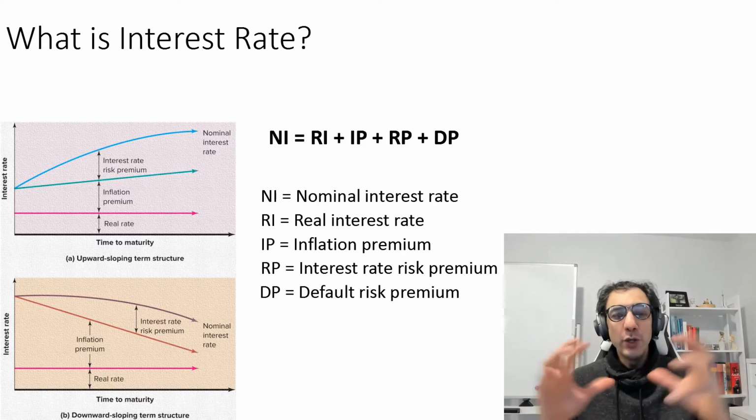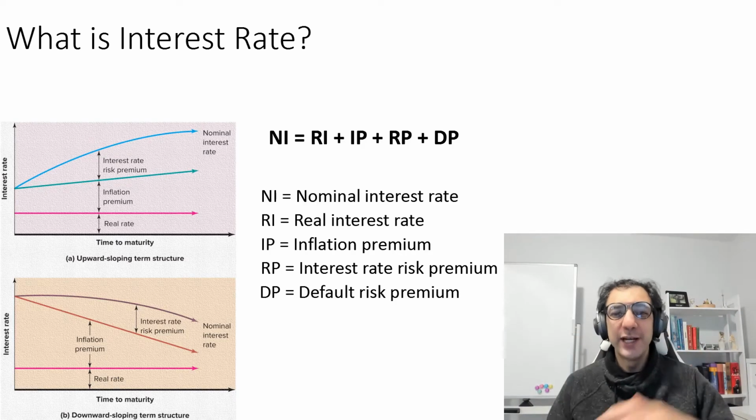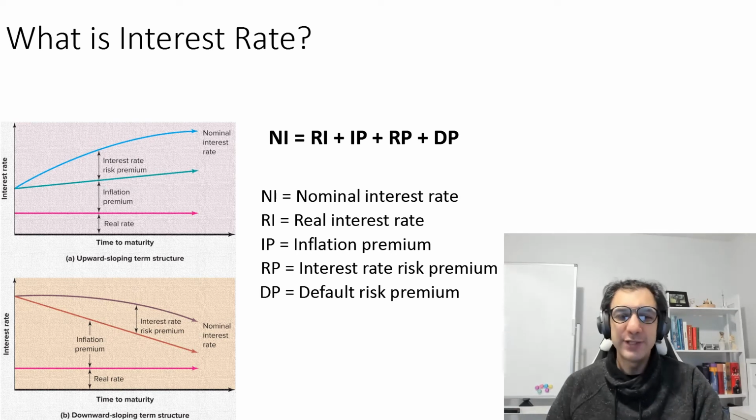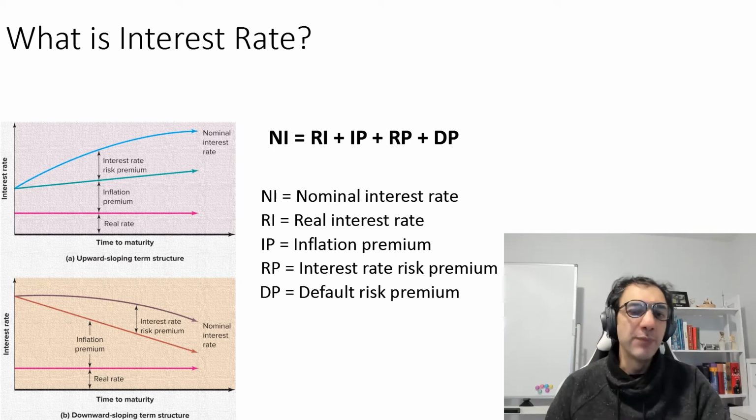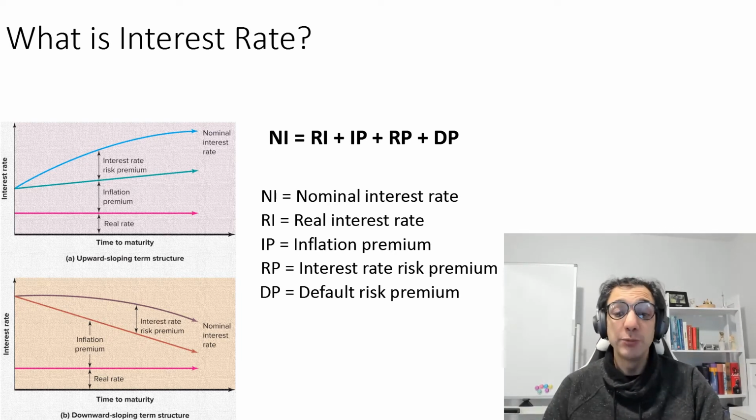We can put all these pieces together and show the relationship between those factors and the interest rate using this equation, or we can also use a graph to demonstrate the relationship. As you see on the graph, the vertical axis shows the interest rate, or the nominal interest rate, and the horizontal axis shows the time to maturity.